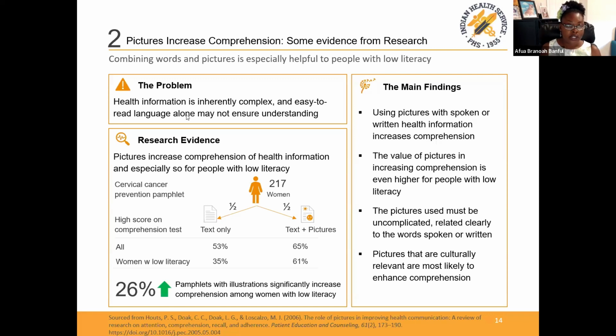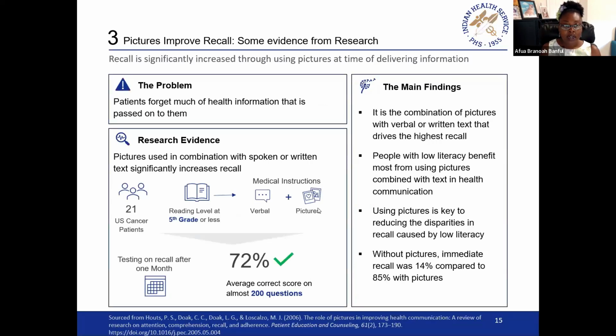Okay. So here's another story that you can share: especially for low literacy people, adding in pictures, even adding pictures to easy to read language, is significantly important. Now let's talk about recall. You can engage with the material when it's provided to you because there are pictures.